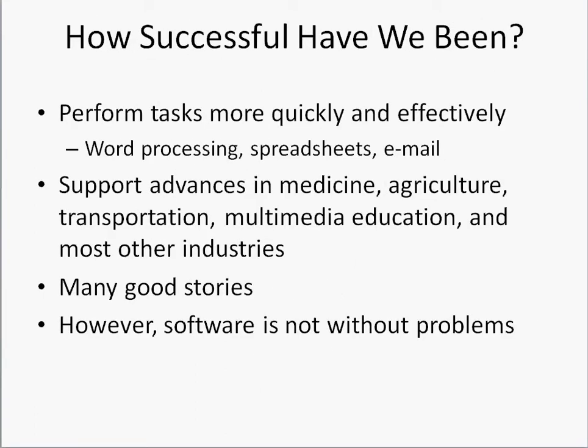Now, in terms of looking back at our progress, as we all know, we've done a tremendous job in the past 20 to 30 years of designing software. We just need to look around at the advanced economy we live in, and a large part is due to the advances we've made in software engineering.